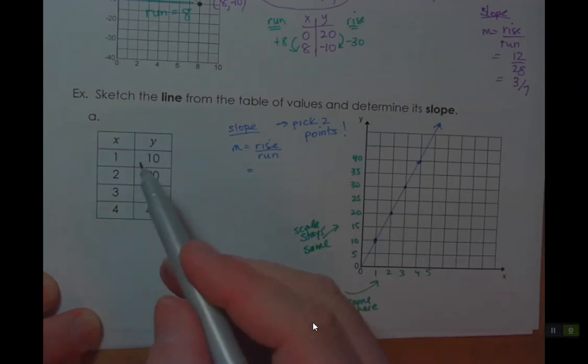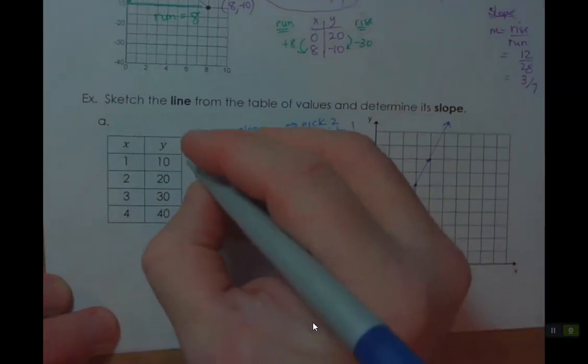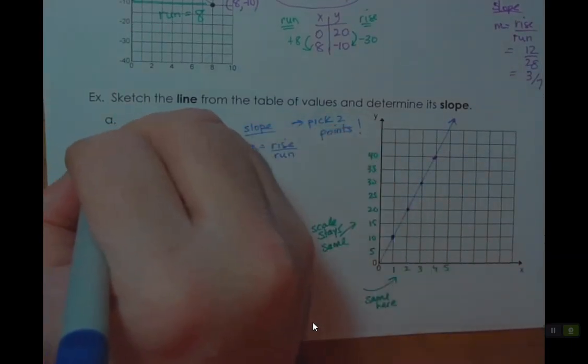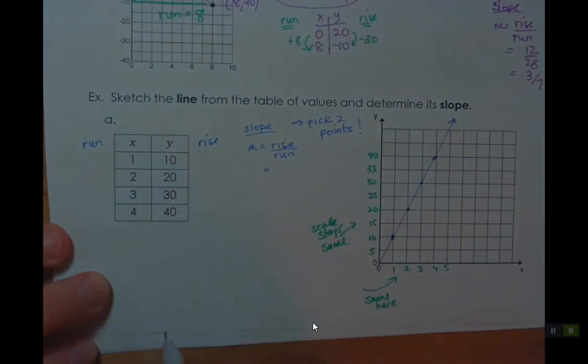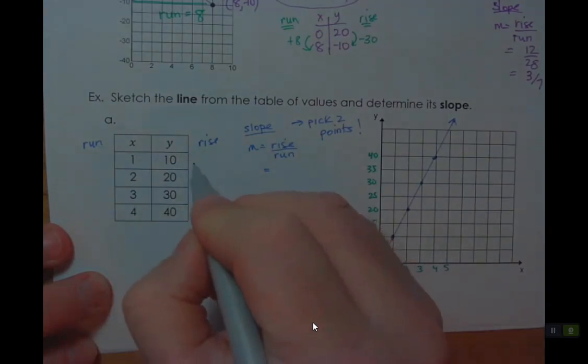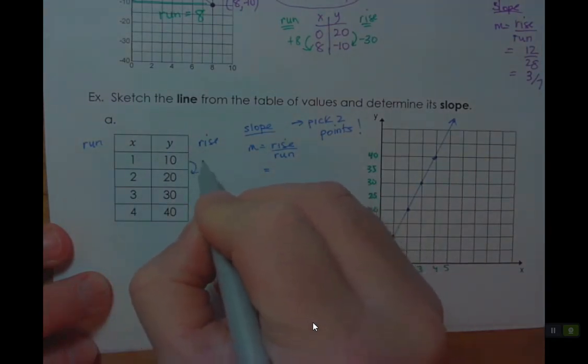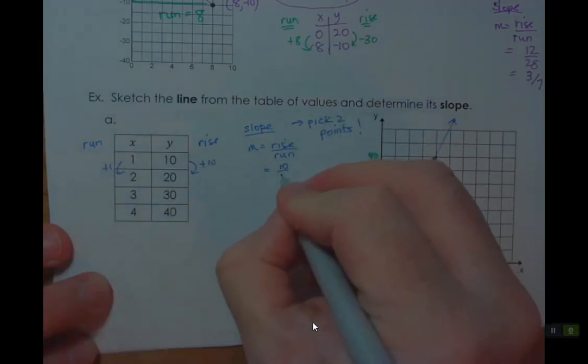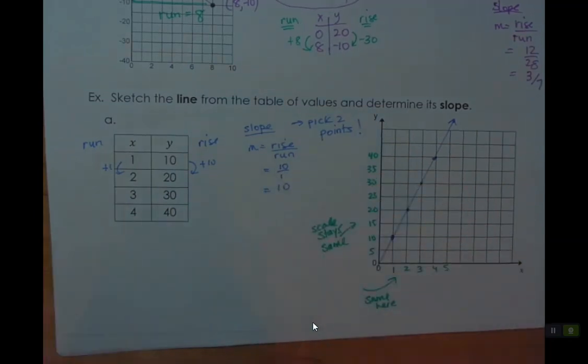All right, same thing with the table here. For my rise and my run here, I can pick 2 points. If you're a person that wants to just choose here, hey, there's 10, there's 1, my rise is 10 over 1, which is 10. Awesome. But maybe you have people that are like, hey, I want to be different.